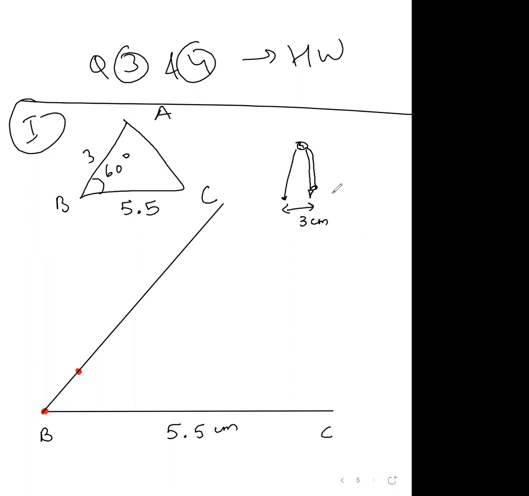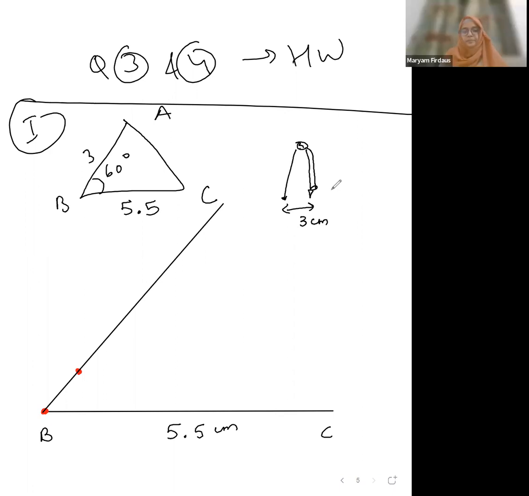Wait a second. Can I draw the 60-degree again? Yeah, sure. Do that. And after drawing it, please measure it also.